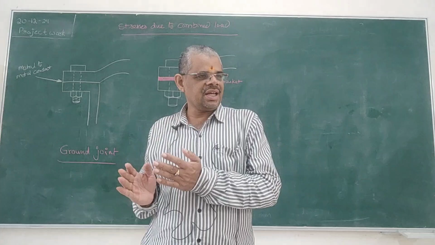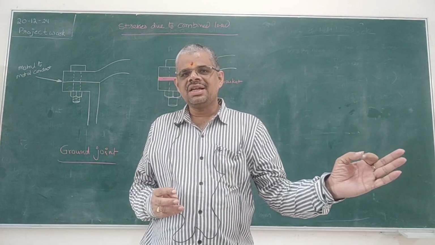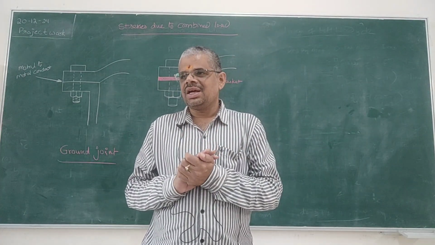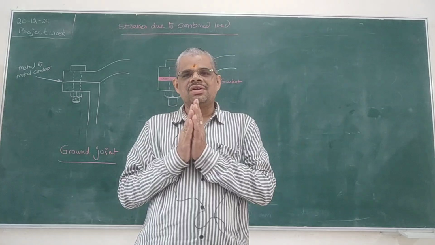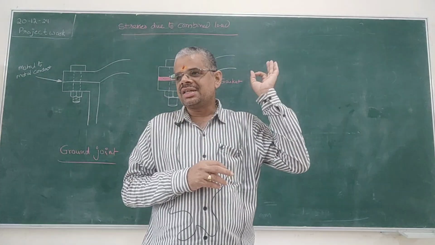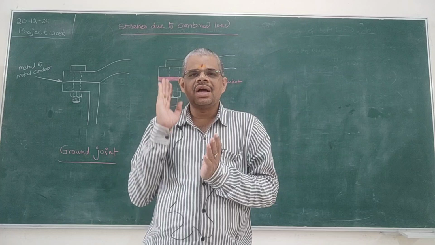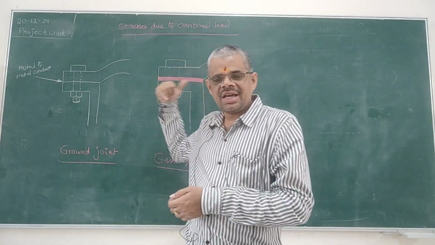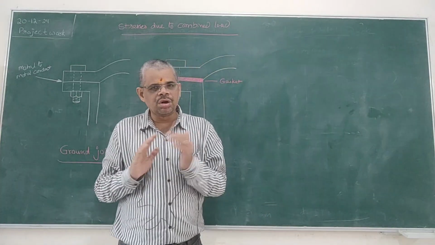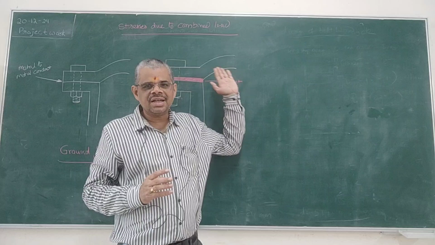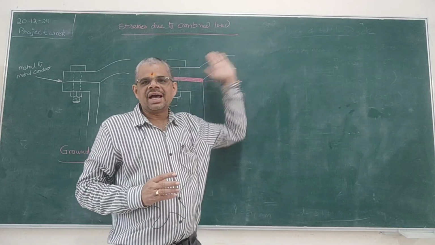Here in the second case, we have neglected the initial tightening loads and considered only external loads. In the first case, we considered only the initial tightening loads and there are no external loads. But in this case, we will have both the initial tightening loads as well as external loads.